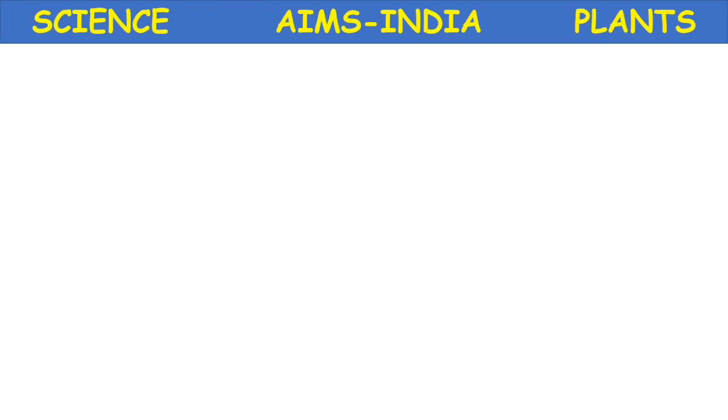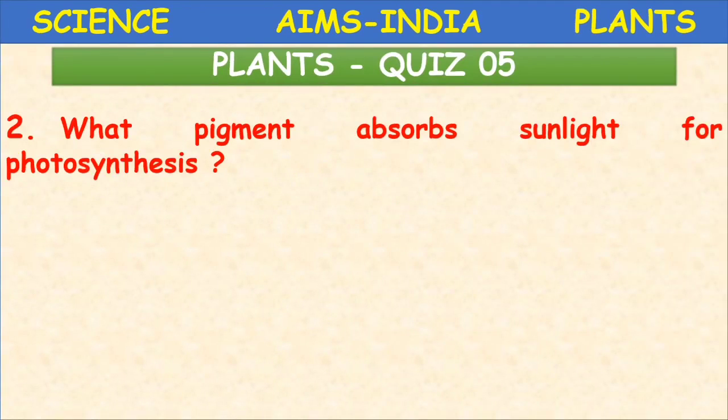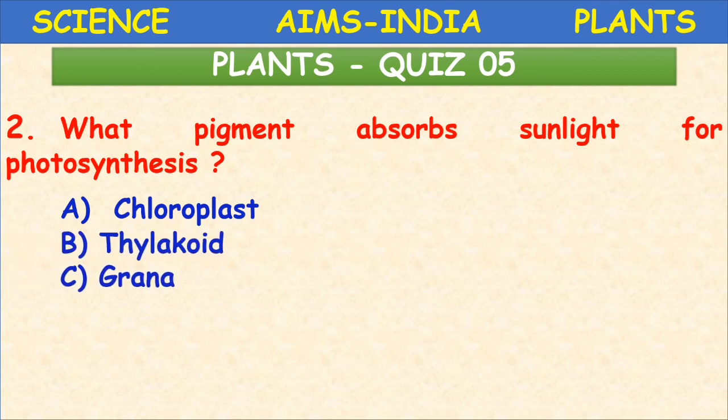Now the second question. What pigment absorbs sunlight for photosynthesis? A is chloroplast, B is thylakoid, C is grana, D is chlorophyll.